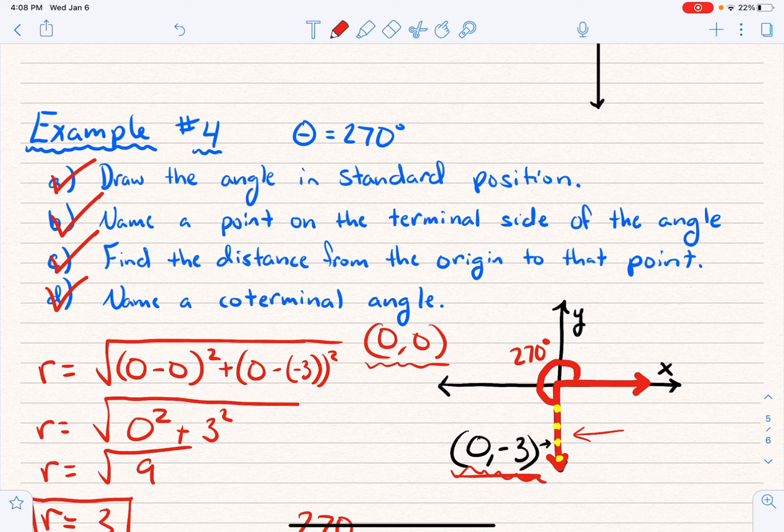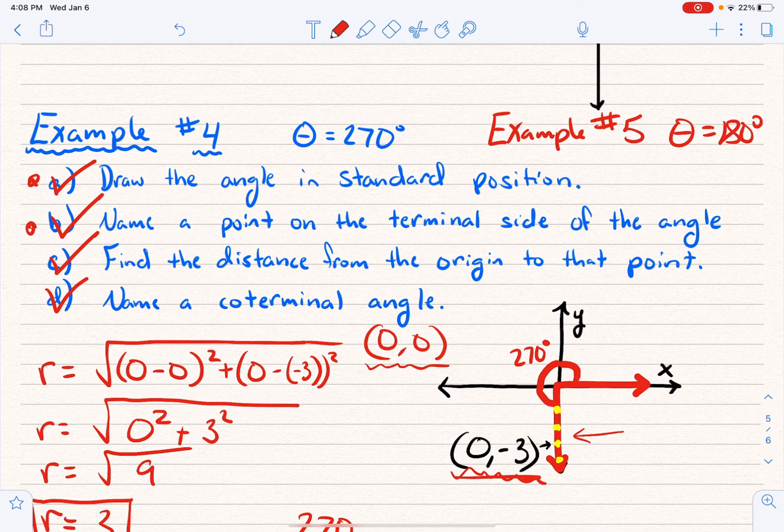So for your last problem right now, we're gonna pause it for just a second, but what I'd like you to do for example number 5 is I want you to say theta is 180 degrees, and I would like for you to do these same 4 steps. And we'll go through it in just a second. So we can pause the video right here. I want you to do those same 4 steps where you draw it, name a point, find the distance, and name a coterminal angle. Ready, set, go.